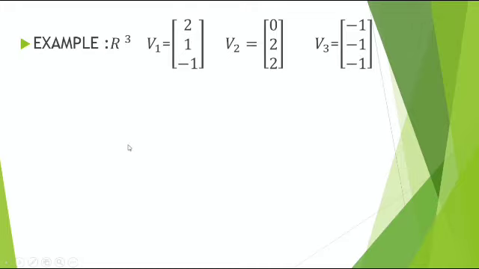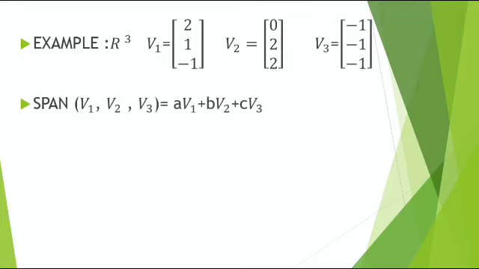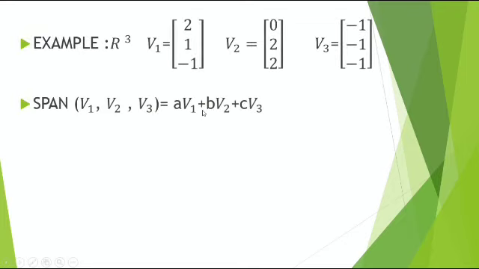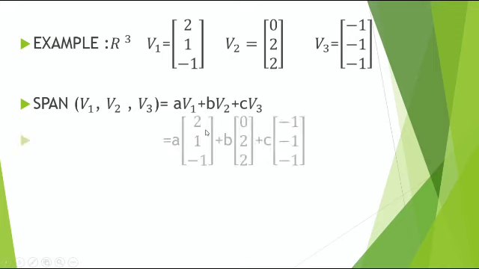So the span of these 3 vectors will be given by a linear combination a v1 plus b v2 plus c v3, where a, b, c are scalars.